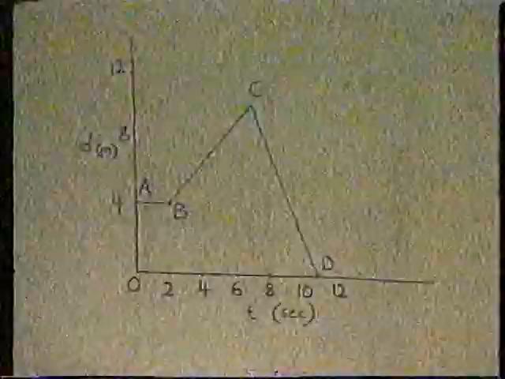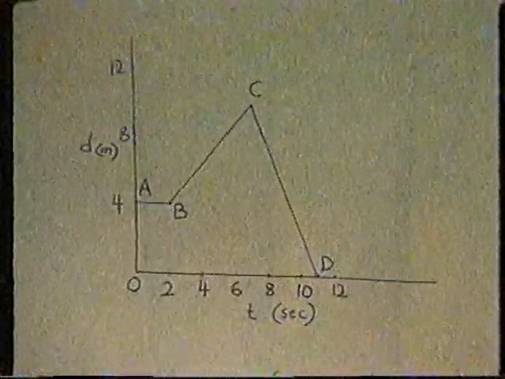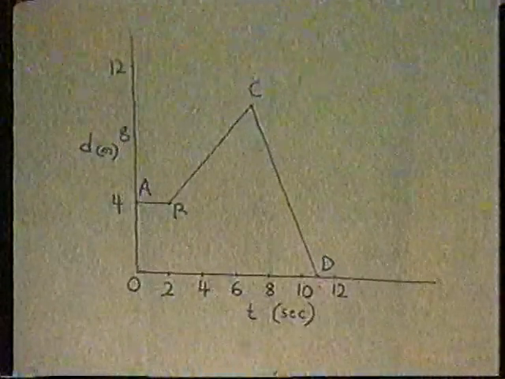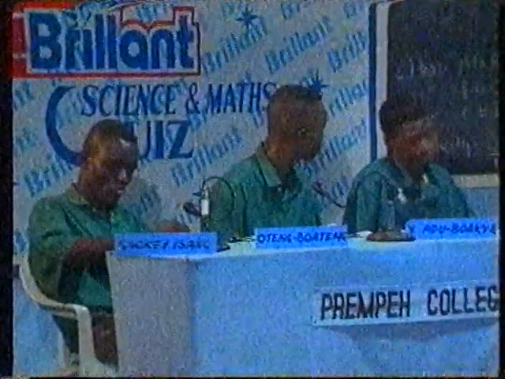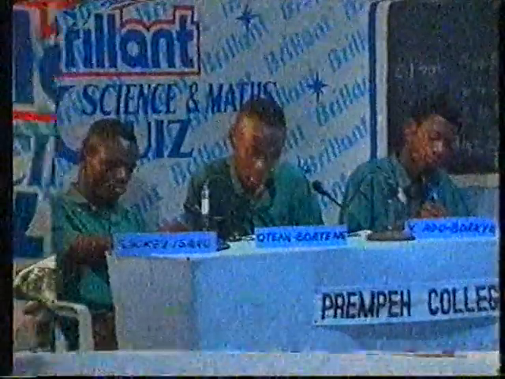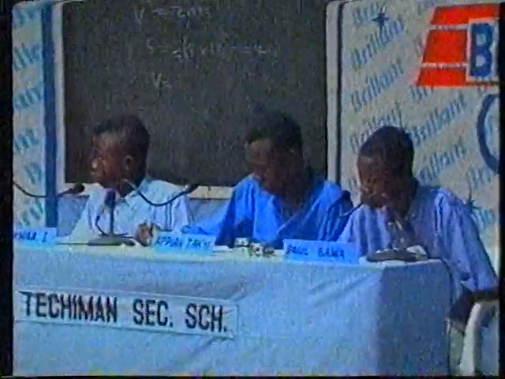So the displacement from A to B is 4 minus 4, because the distance, on the x-axis, is the same. From A to B the distance was both 4. So 4 minus 4 is 0. The displacement during the first 2 seconds was 0.